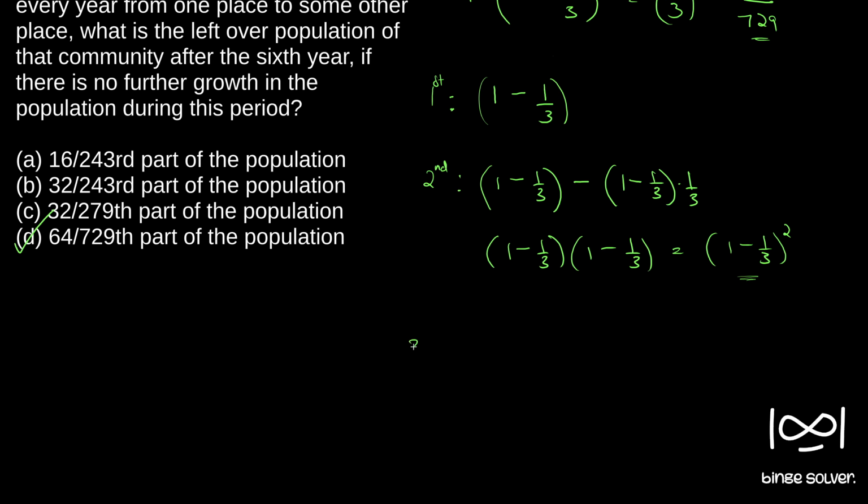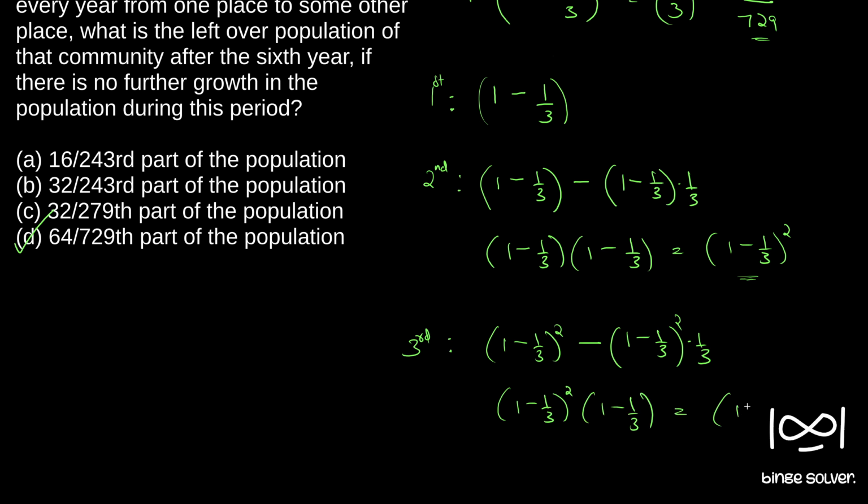Similarly, after the third year, 1 minus 1/3 the whole square is the new population, and it further gets reduced by 1/3. So if you take 1 minus 1/3 the whole square as common, we will again get 1 minus 1/3. You will get 1 minus 1/3 the whole cube as the population after the third year.